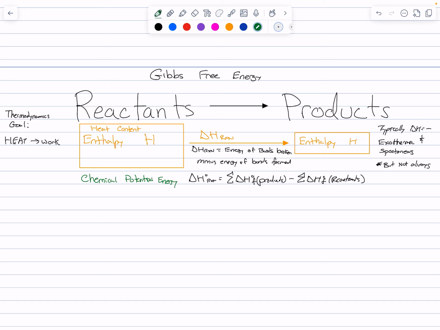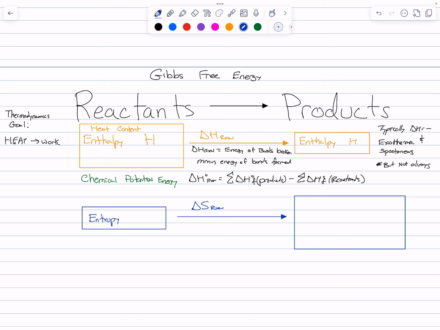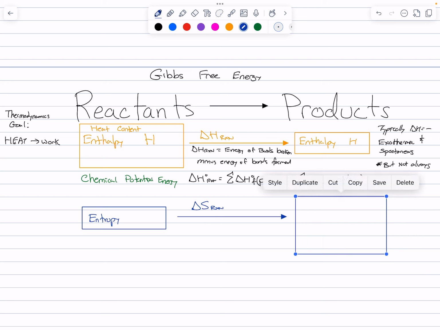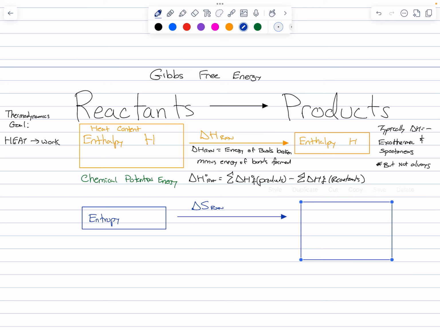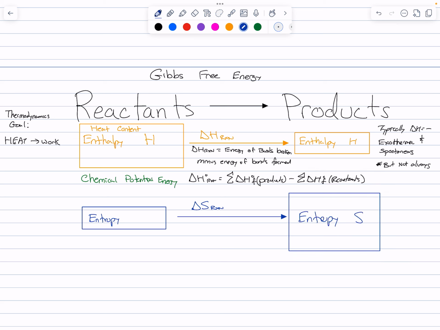Now, the other thing we learned about was entropy, and we have delta S. What is this?